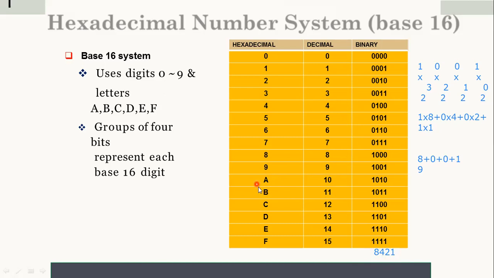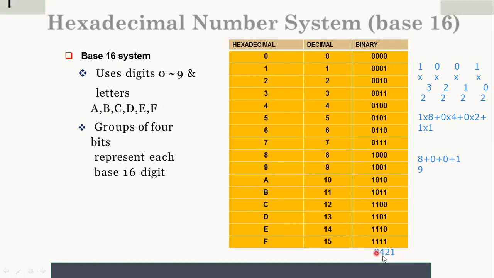How to get 10? 8 plus 2, that means 1, 0, 1, 0. Next B, which is equivalent to 11. How to get 11? 8 plus 2 plus 1, so 1, 0, 1, 1. Next C, equivalent to 12. How to get 12? 8 plus 4, 12.